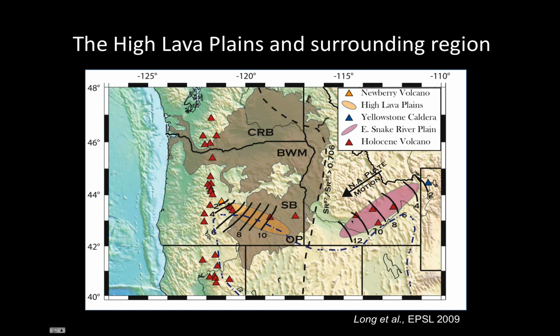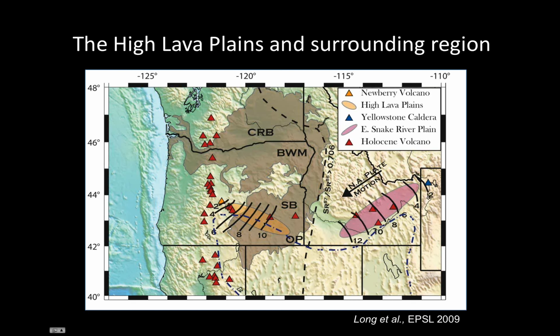It's also worth noting that in addition to the rhyolitic volcanism, there's widespread young basaltic volcanic activity in the Yellowstone Snake River Plain. Over here, a little bit to the west, is the high lava plains track, which also has a fairly well-defined spatiotemporal trend, at least in the rhyolitic volcanism, which kind of culminates in Newberry Volcano, which is right here.